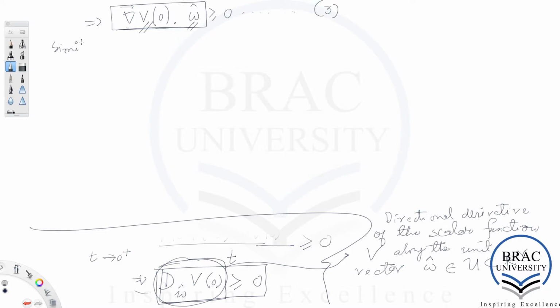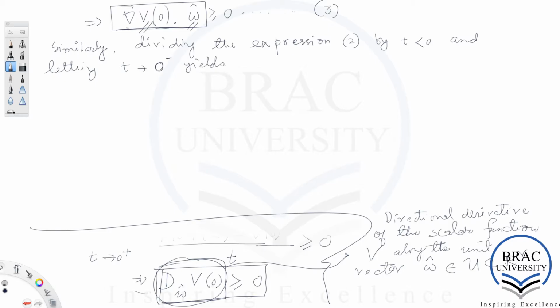Similarly, dividing the expression 2 by a negative t and letting t approach 0 from the left yields that the gradient of v at 0, which is a vector, dotted with this unit vector omega hat, is less than or equal to 0.